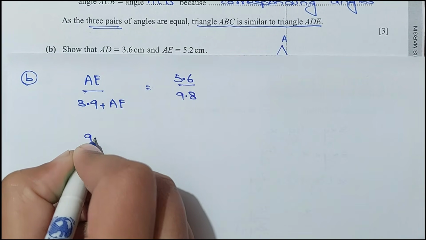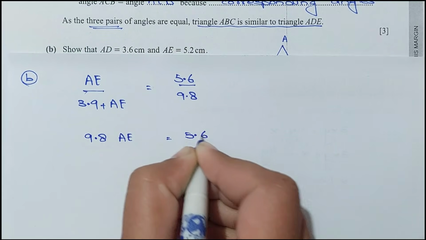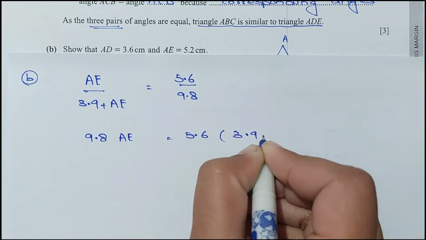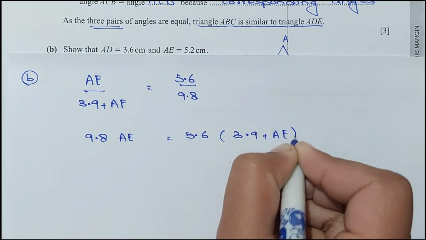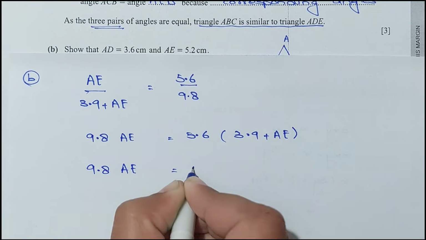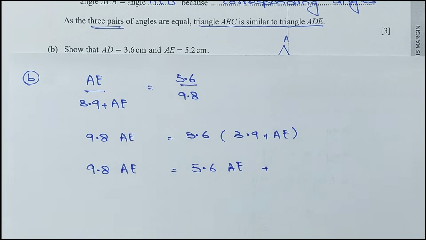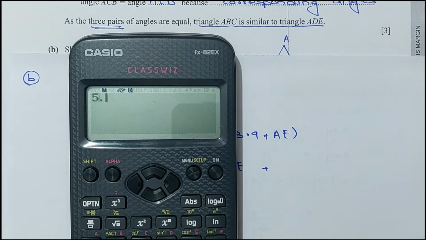Cross multiplication: 9.8 AE equals 5.6 into 3.9 plus AE. This is 9.8 AE, and this is 5.6 AE plus 5.6 times 3.9.